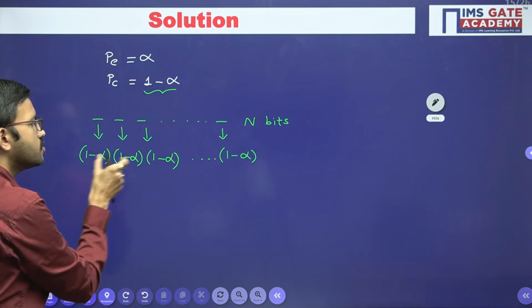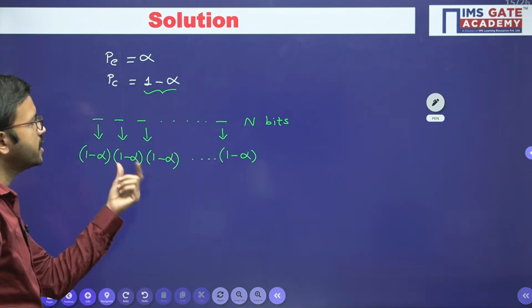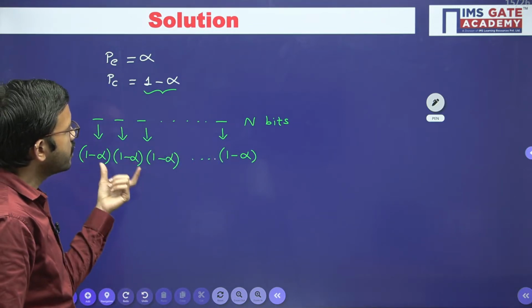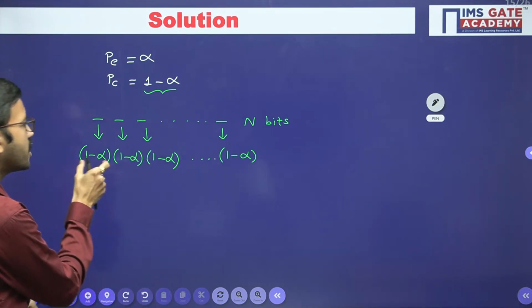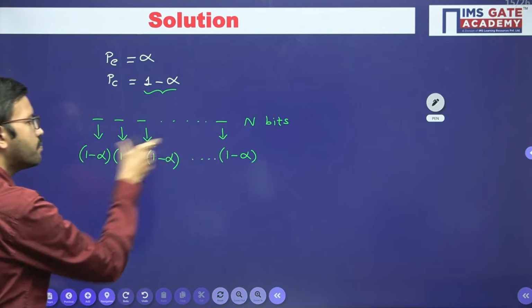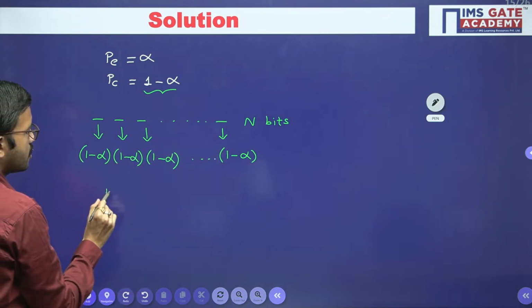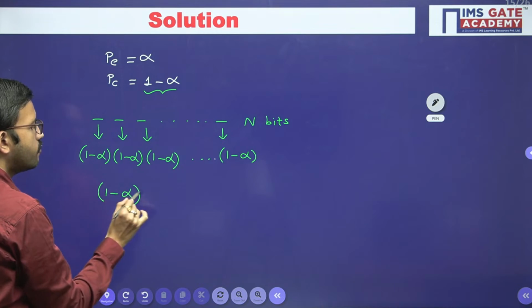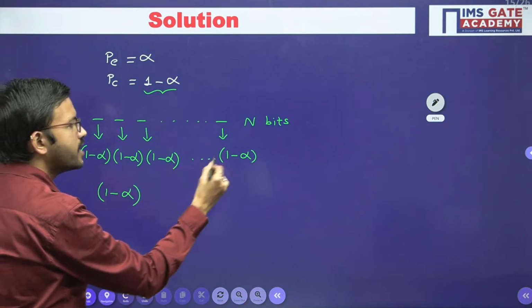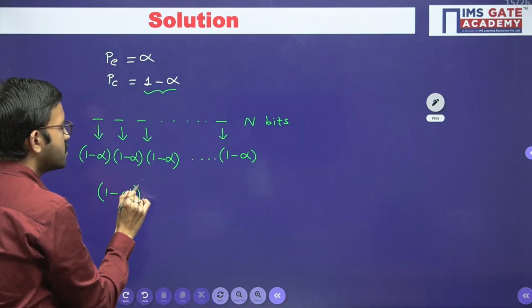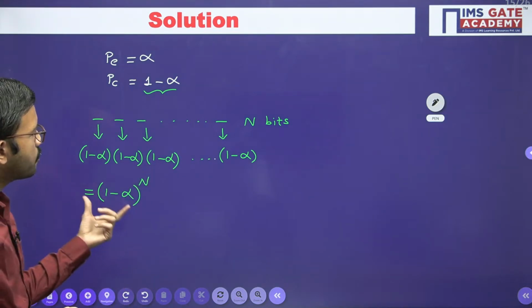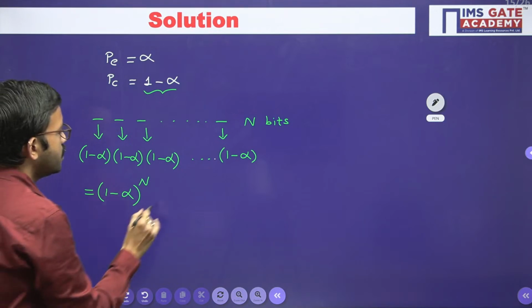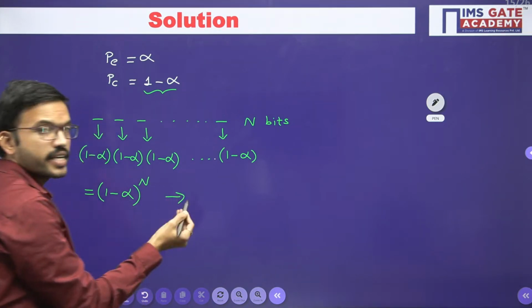You can multiply, because they have mentioned that the probability of error or correctness is independent. So whatever probabilities you got, you can multiply. That is 1 minus alpha, 1 minus alpha, 1 minus alpha, considered n times. So you will get power n. This is the probability that the received block is correct.